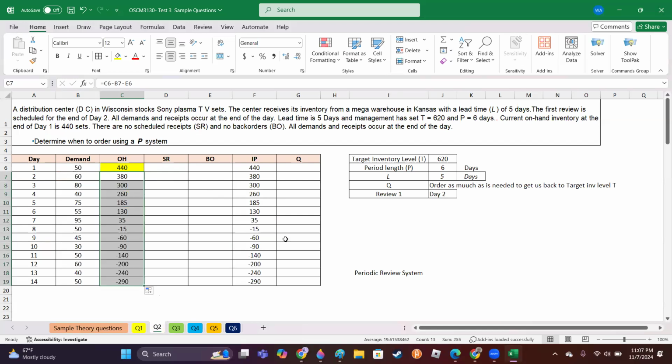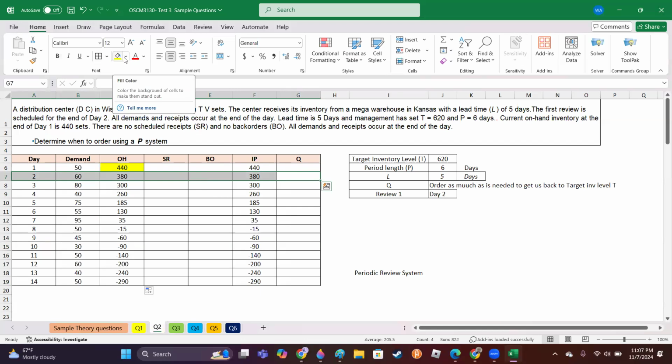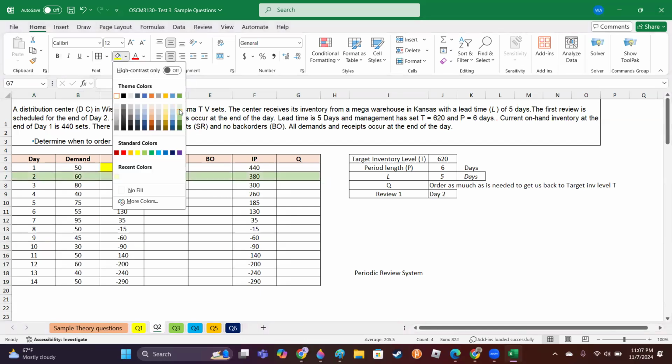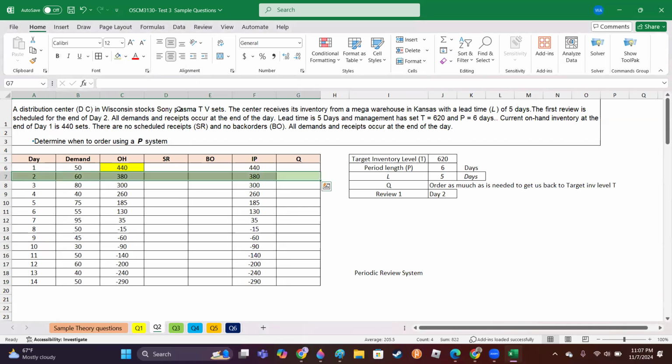Now I'll go to our ordering column where we have our Q. We're told that our first buy night, our first review, is on day 2. I have to keep this in mind because it determines how frequently we're placing purchase orders. Every 6 days, we're going to be placing an order starting on day 2.